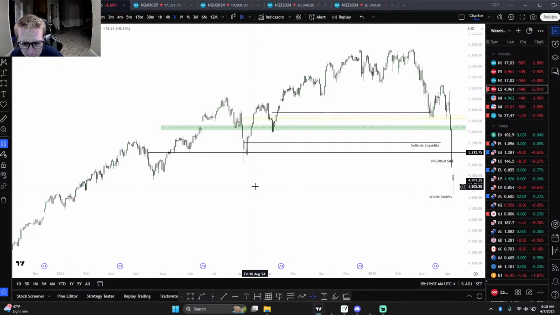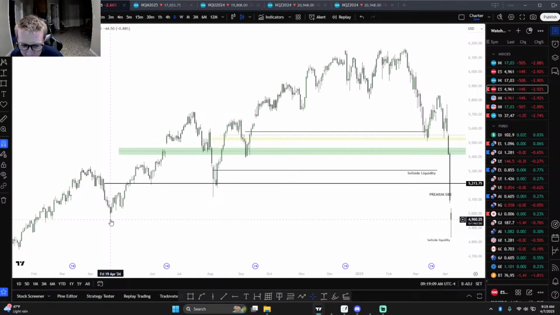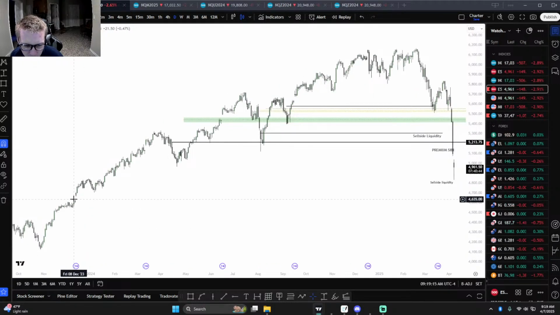Let's look at ES. ES has taken this low here and has drawn into this buy side imbalance here, but ES has this actual gap as well still.